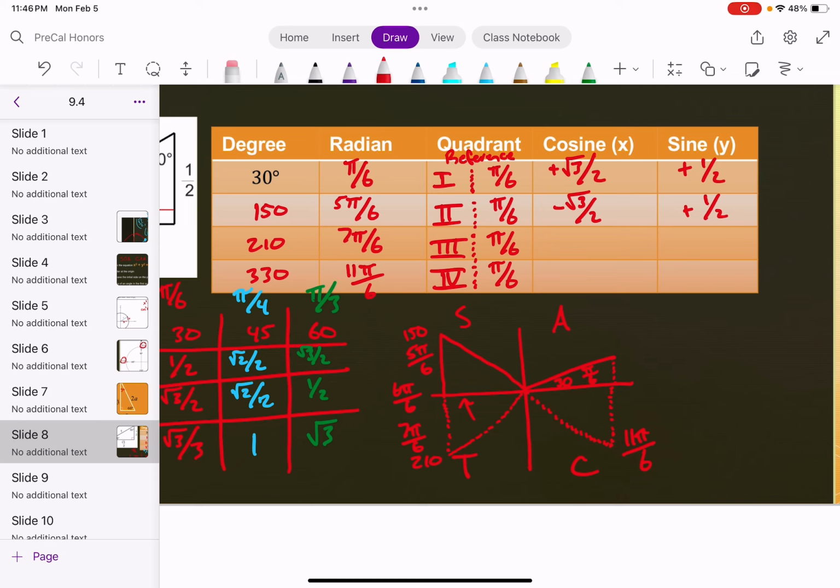So our cosine here would be a negative square root of 3 over 2. Now in this case, if we are in that third quadrant, keep in mind our y would be negative. Now they are going to remain the same, but it would be negative instead of positive.